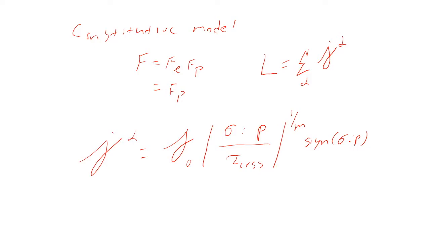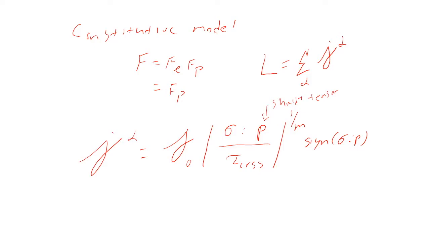So let's think about this. This here is our Schmidt tensor. So this is our Schmidt tensor, right? This encodes our slip systems.